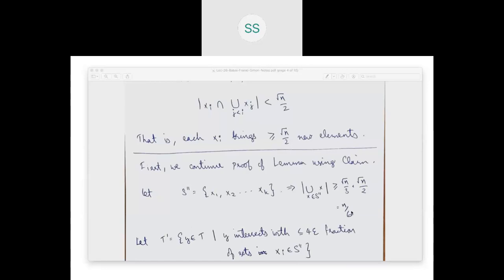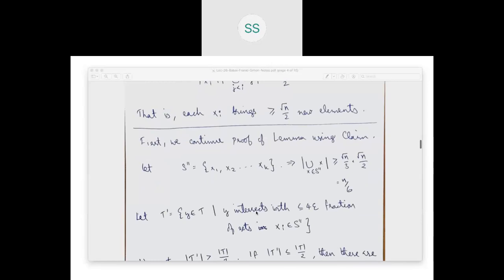Now we consider T prime. Recall that T prime consists of those columns that intersect with at most 4 epsilon fraction of the X in S double prime.